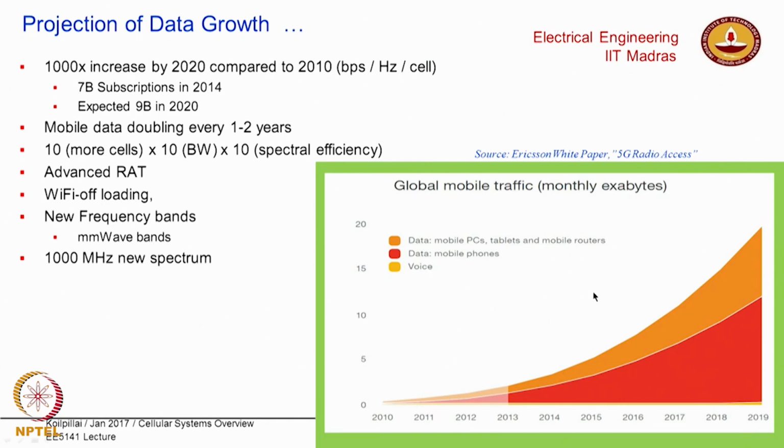So, here is a representation of what the proportions will look like in the year 2019. If you look, there are three colors there, and you almost will miss the third one if you do not look for it carefully. It is way at the bottom. All of the voice traffic that we see today, which is a huge amount of traffic in today's cellular networks, is going to be that very narrow line.